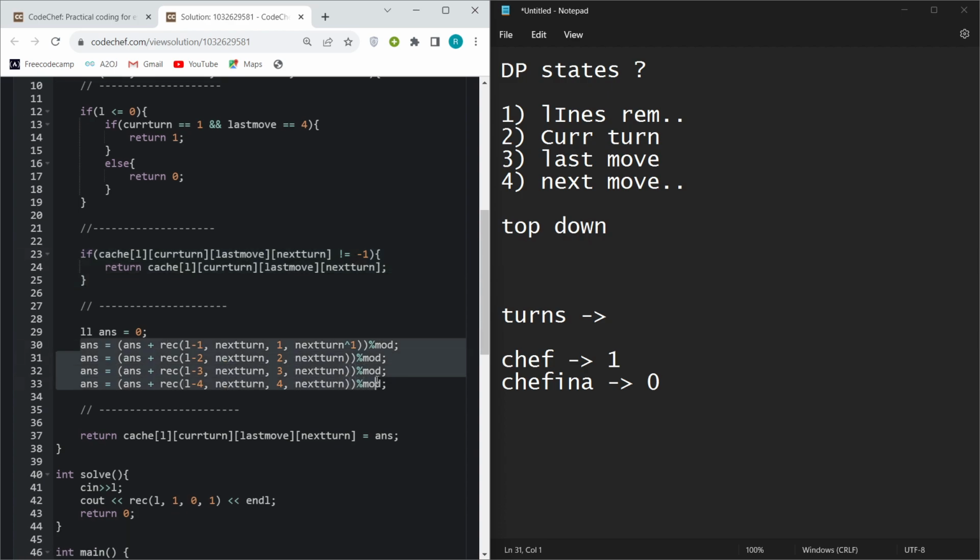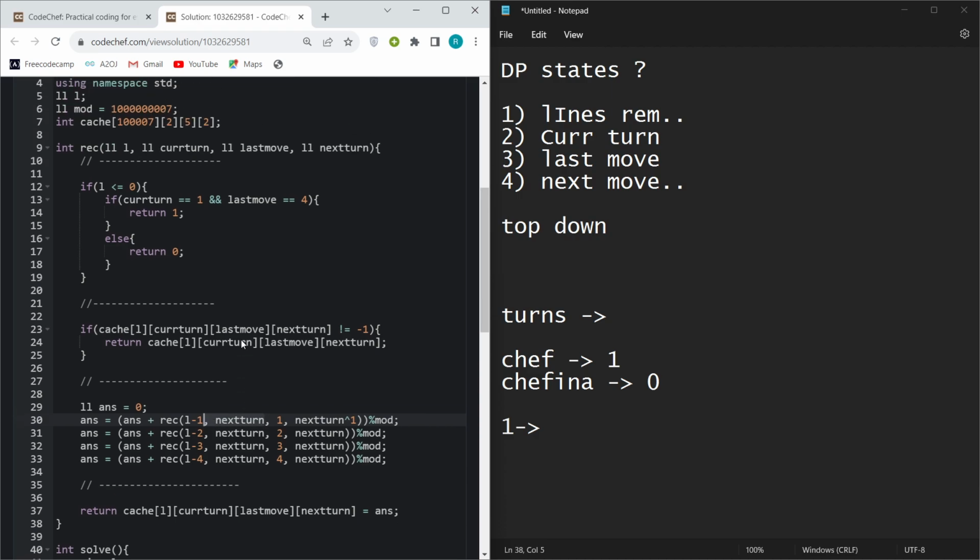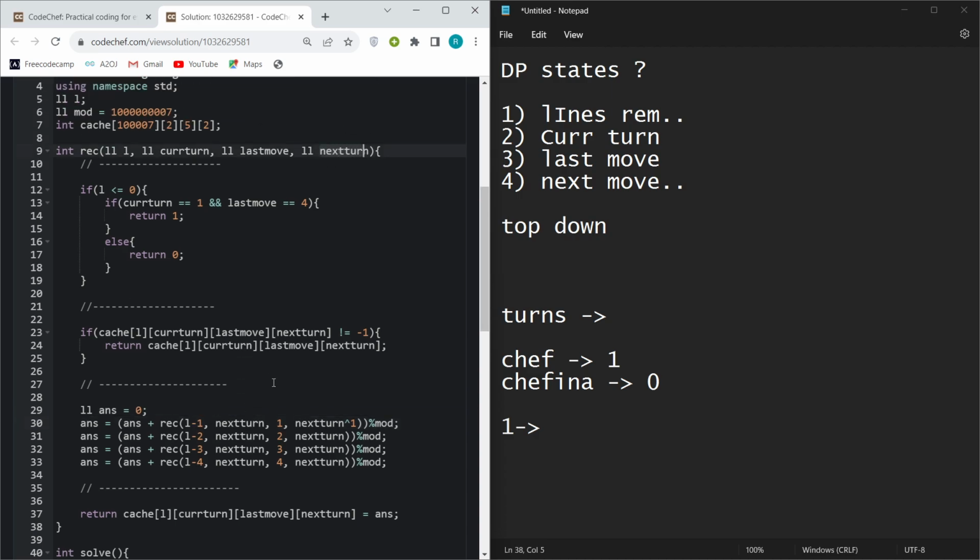And this was the calculation part, where I make a variable answer equal to 0 and calculate it manually. If I chose to clear one line of blocks, the lines remaining will be lines minus 1, and my current turn will be the next turn of the previous one. This second thing stores my current turn. Here is the next turn, and the last move was 1.